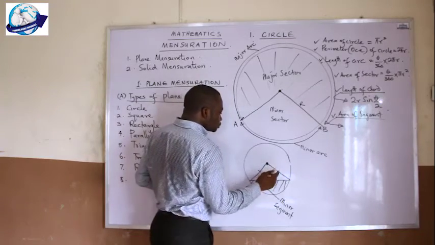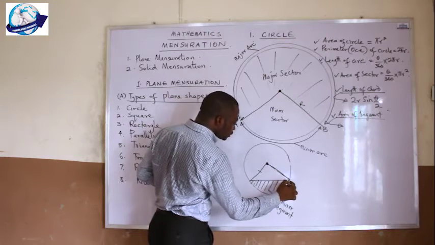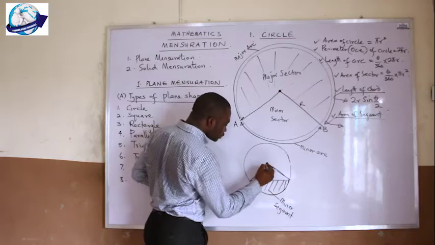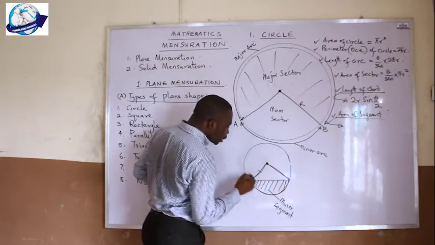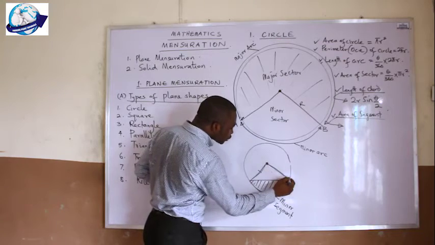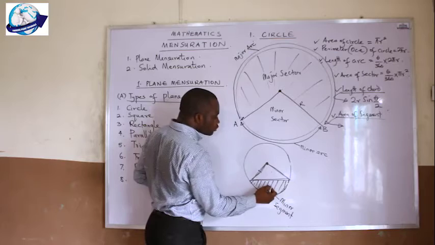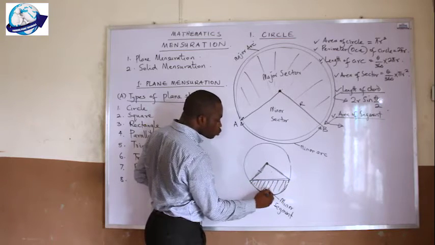So now, from this whole diagram here, you see that there's a sector here. It's a sector here. Okay? So if you cut out this triangle, this isosceles triangle, you discover that what we are left behind with is just this shaded part, which is the area of the segment.